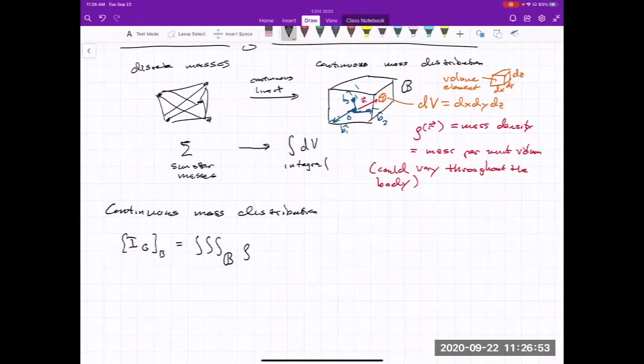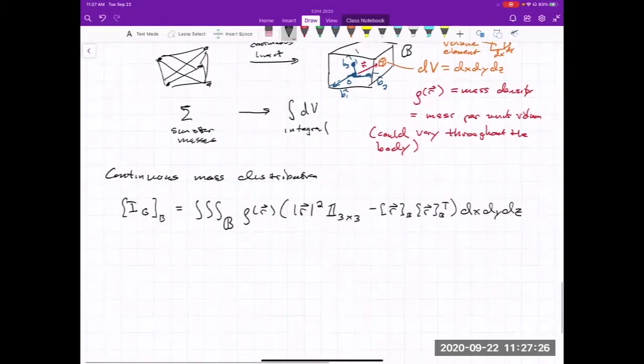And instead of individual masses like m_i, we've now got the density and the location of each mass. But we've got the same kind of calculation here, R_B transpose. And this triple integral is over dV, but we're writing out dV as dx, dy, dz. So there's how you would do this for a continuous mass distribution.